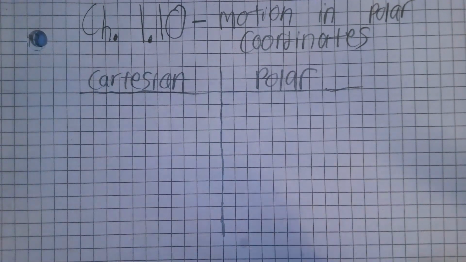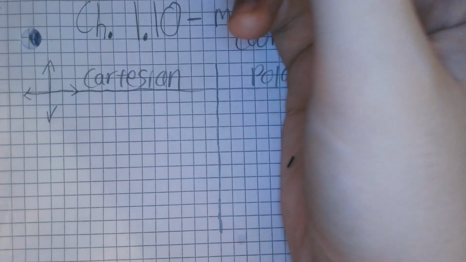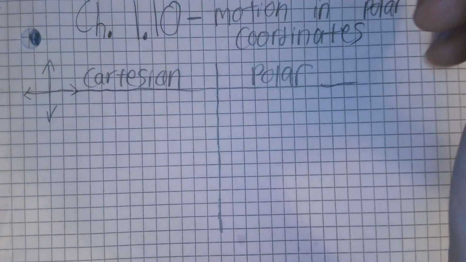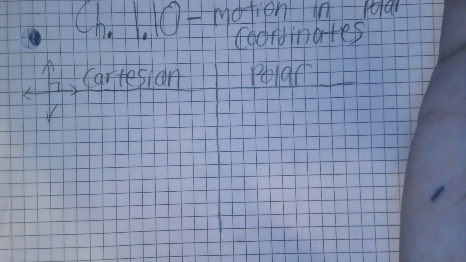So in Cartesian coordinates, we're used to this 2D plane, and it looks like this, okay? There's a right angle here, and everywhere, basically.